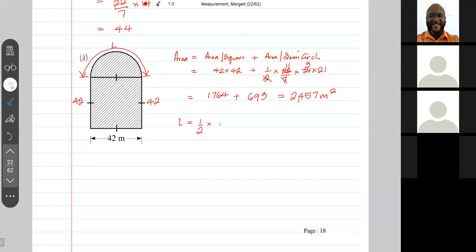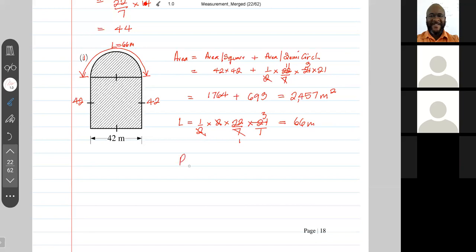So it's a half times 2 pi r, 2 pi, which is 22 over 7, times r, which is 21. So 7 cancels 21 and goes 3 times. 3 times 22 is 66 meters. So L is 66 meters.